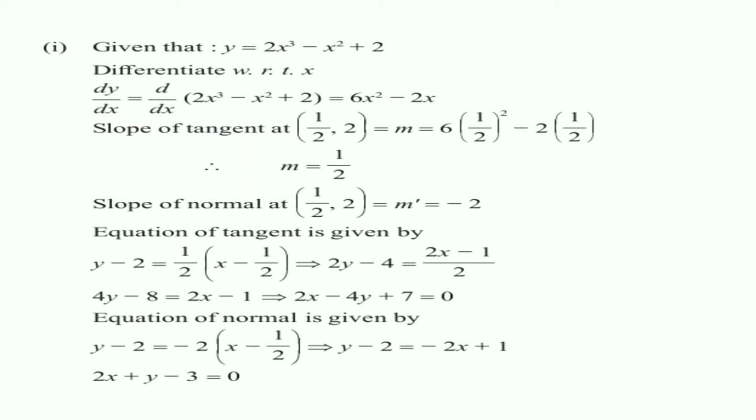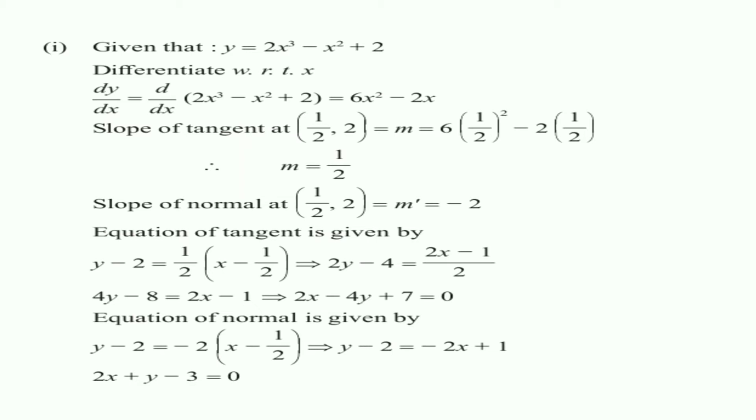Equation of tangent is given by y minus 2 equals 1/2 into (x minus 1/2), which implies 2y minus 4 equals 2x minus 1 divided by 2. So 4y minus 8 equals 2x minus 1, which implies 2x minus 4y plus 7 equals 0.